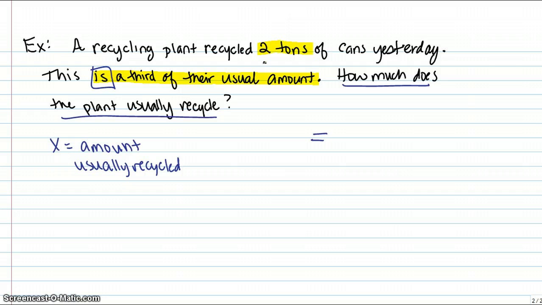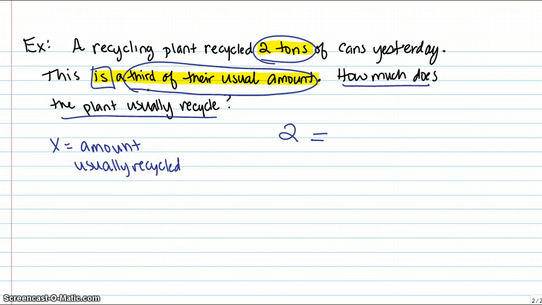On one side, we have 2, and on the other side, we have a third of their usual amount. A third is 1/3. The word of means multiply, multiplied times the usual amount. Well, that's X. So there's our equation. Now we just need to solve. So if I want to solve, I know that I need to multiply by 3 on both sides. So then X has to be 6.